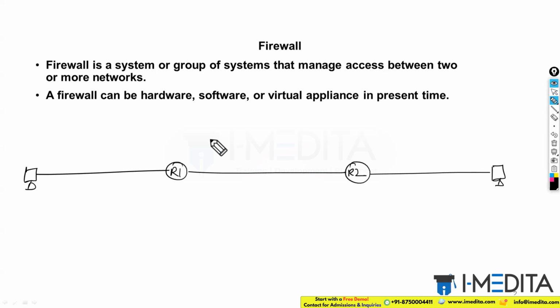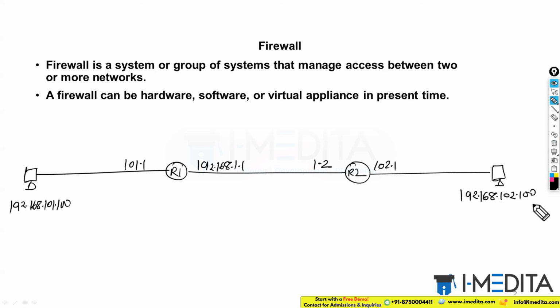For easy understanding, let's give IPs: 192.168.101.100, 101.1, 192.168.1.1, 1.2, 102.1, and 192.168.102.100.